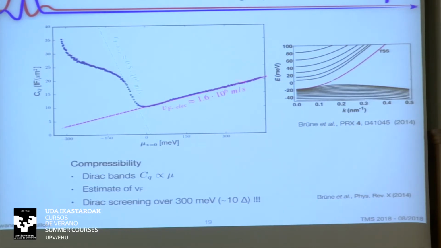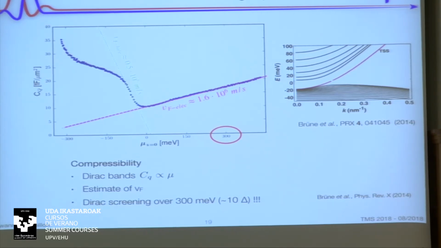You can extract the Fermi velocity. It's in reasonable agreement with theory and experiments up to some error bars. But what is the most interesting part here is that you should look at this energy scale here. This energy scale here is huge. It's 300 meV. It's about 10 times the transport gap that I've introduced before, which is on the order of 20 meV.